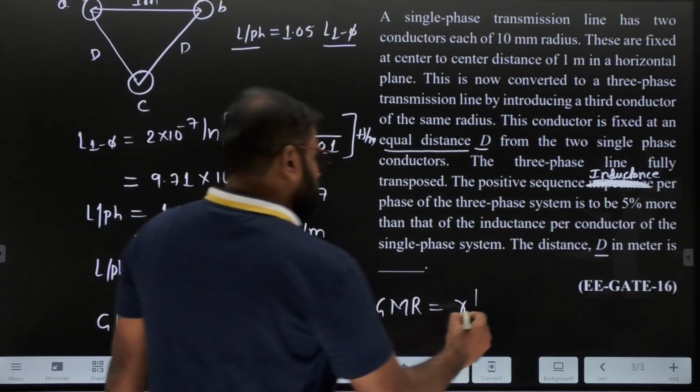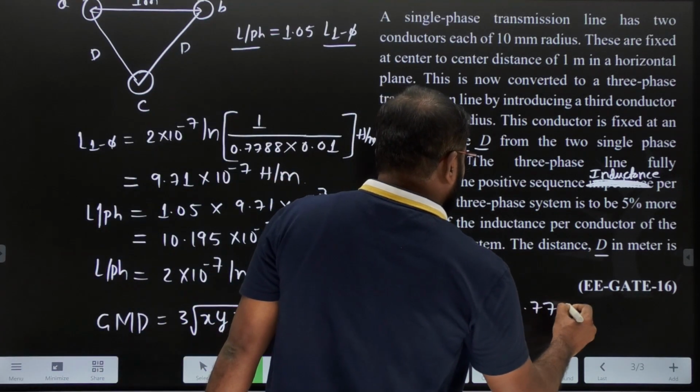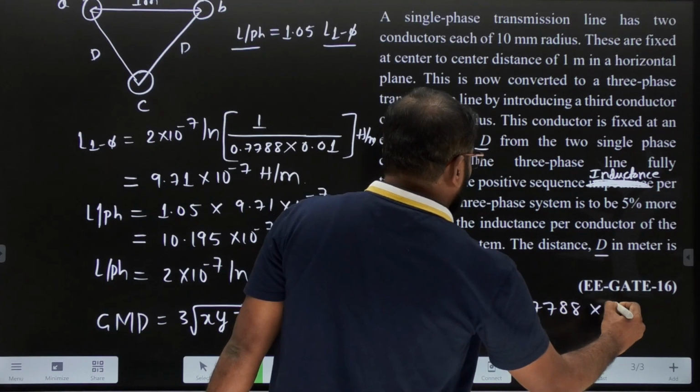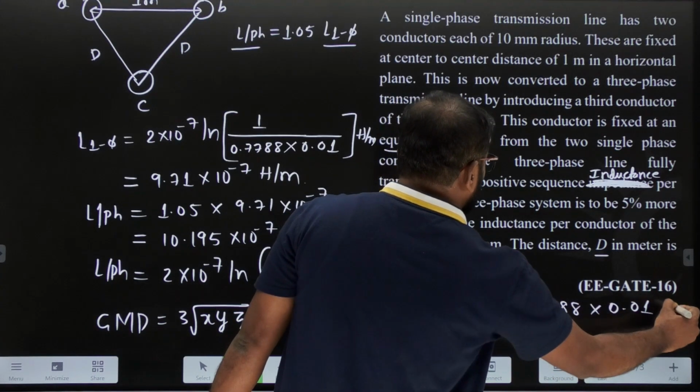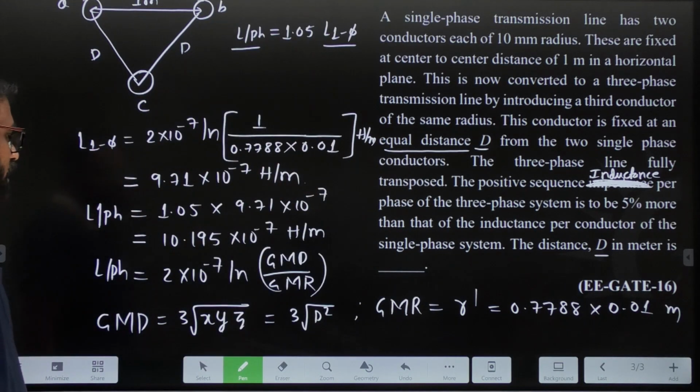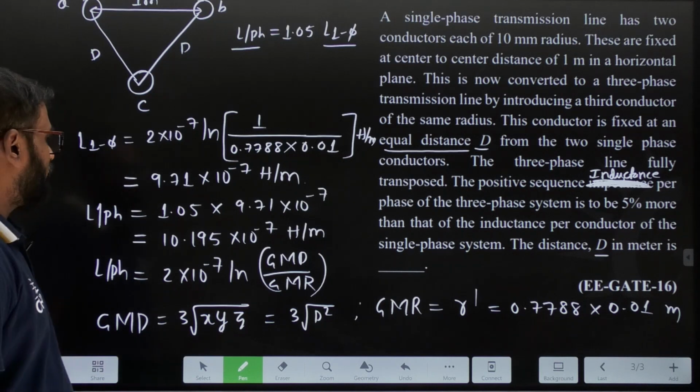Now R dash means 0.7788 into R. R is 0.01, so this is in meters. Now let's substitute and calculate what is D value.